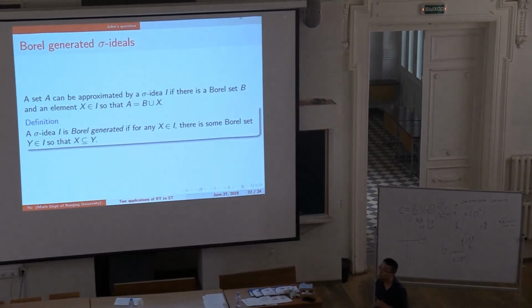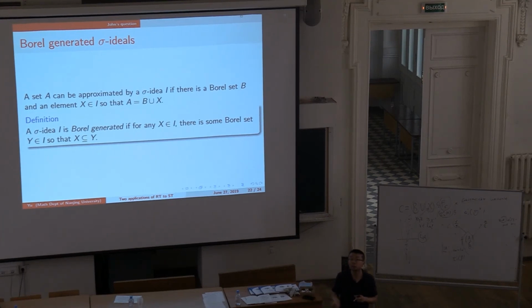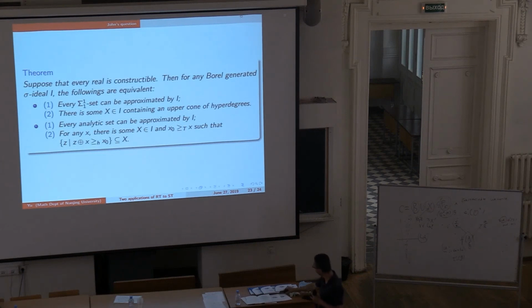But first we want the sigma ideal to be simple. Because if the sigma ideal is not simple, it's not definable, then it makes no sense to investigate. So we just look at the sigma ideal generated by Borel sets. So a sigma ideal is Borel generated if for every member X in I, there's a superset Y in I that includes X. And we can prove this.